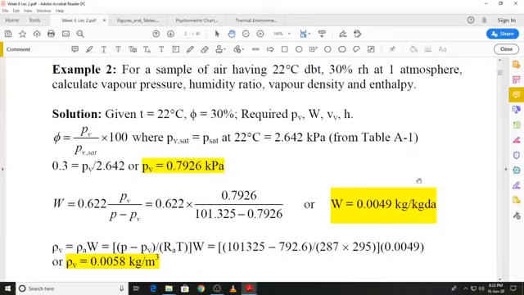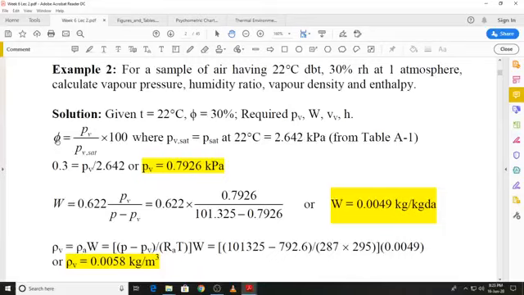First, again we will do so by using equations, and this time we will start with the relative humidity. The expression for relative humidity as before is PV upon PV sat into 100% as a percentage.